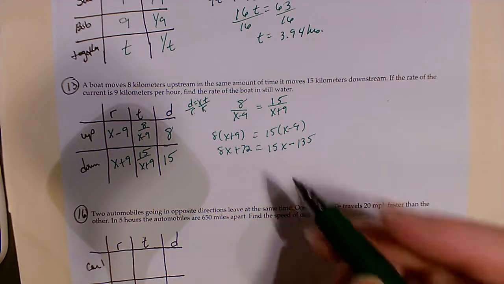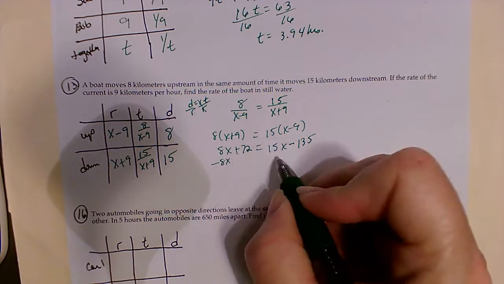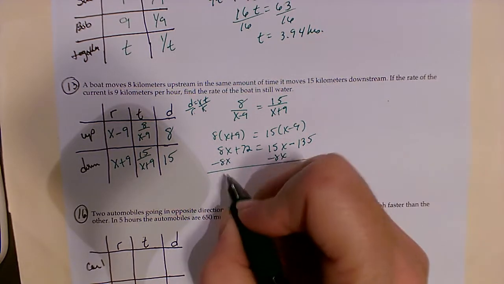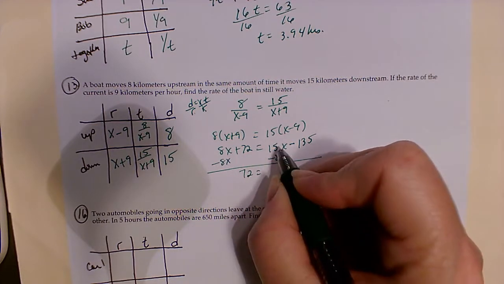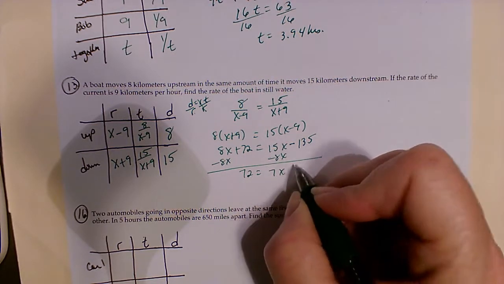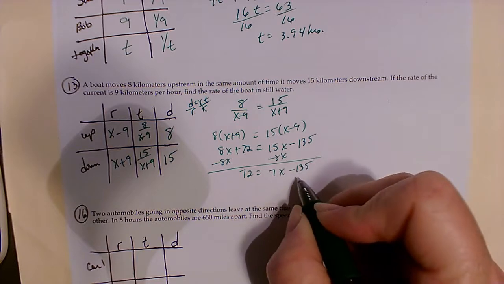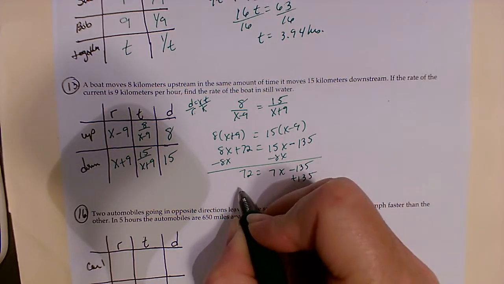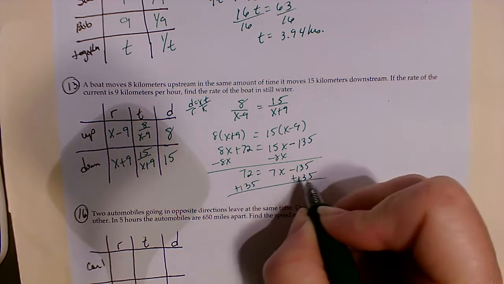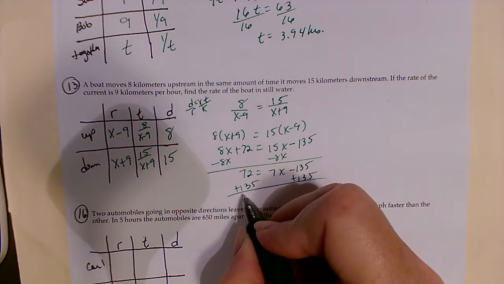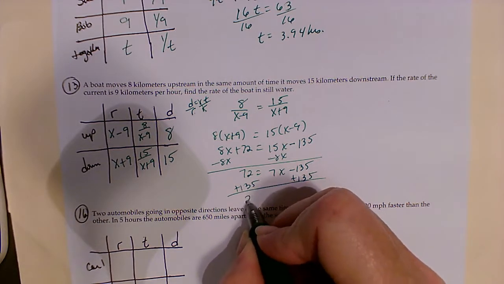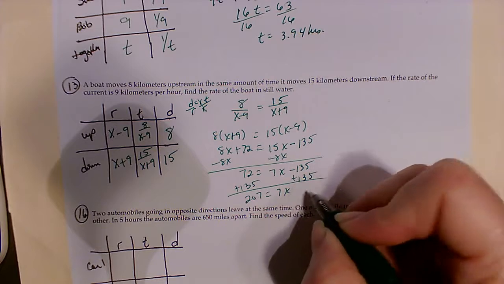I like to keep my x in the positive, so I'm going to subtract 8x from both sides and get 72 is equal to 7x minus 135. I'm going to add my 135 over, and I'm going to get 207 is equal to 7x.